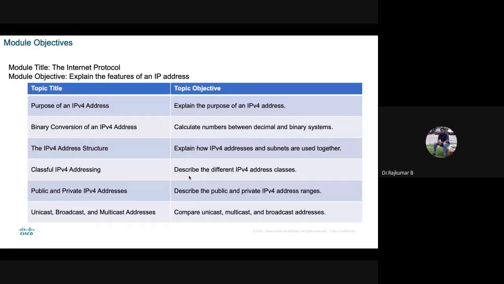The objective of this particular network layer lesson is to explain the features of an IP address, where we cover the different topics of IP addresses. That is, what is the purpose of IPv4, the binary conversion of IPv4, then the IPv4 address structure, the classful IPv4 addressing, then public and private IP addresses, and unicast, broadcast, and multicast addresses.